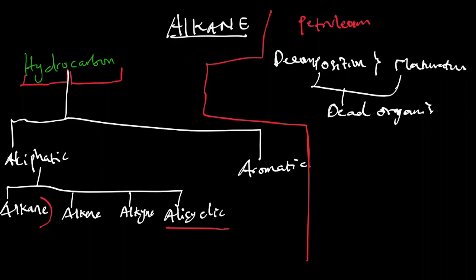It's still not profitable to us. We have to know what we can even get from petroleum. Now, in order to extract the content of petroleum, we have to use a separating technique known as fractional distillation.